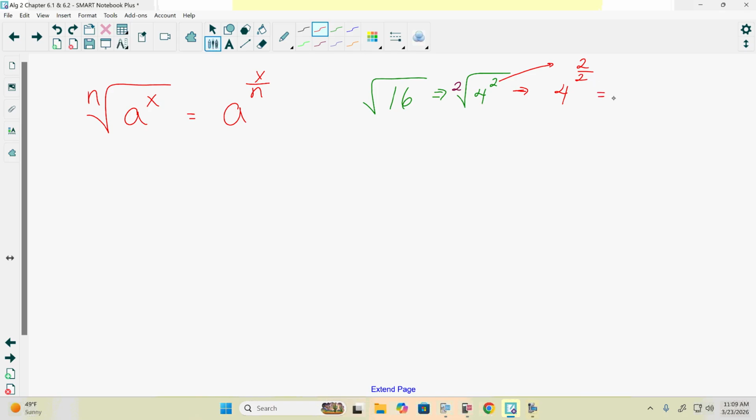So really the square root of 4 squared in exponential form is 4 to the 2 halves. 2 halves is 1, so we have 4 to the first power, or just 4. That's why when the index and the exponent match, they cancel out. To convert to exponential form, the exponent goes on top and the index goes on bottom.